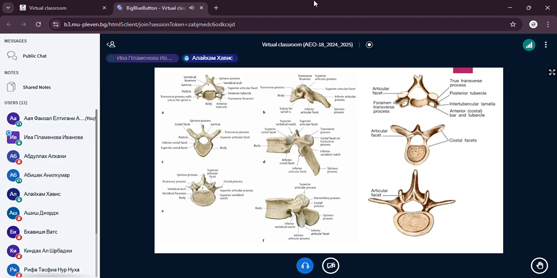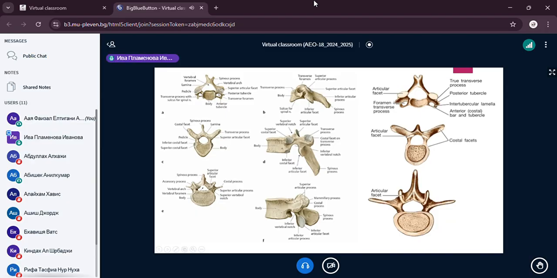I forgot, what do we call the artery for the vertebra? Vertebral artery. Oh, so it's just vertebral. Yes, makes sense. So in the transverse foramen we can find the vertebral artery.